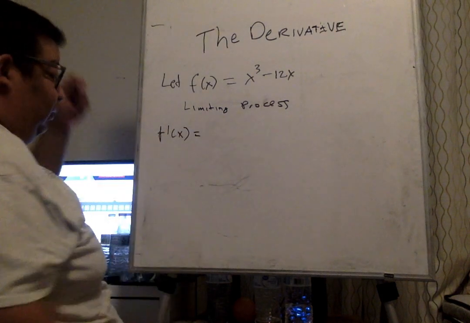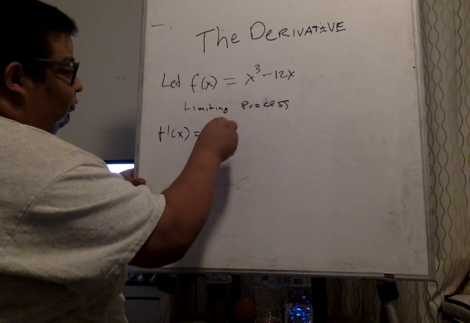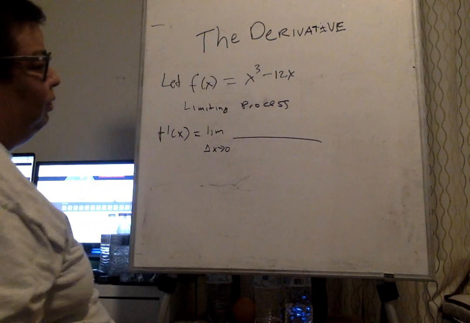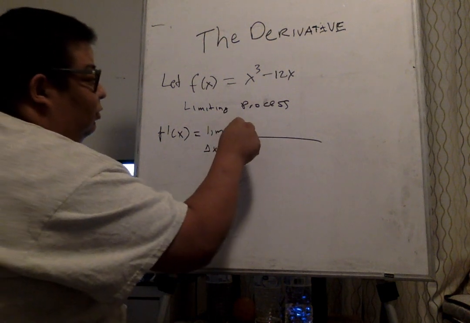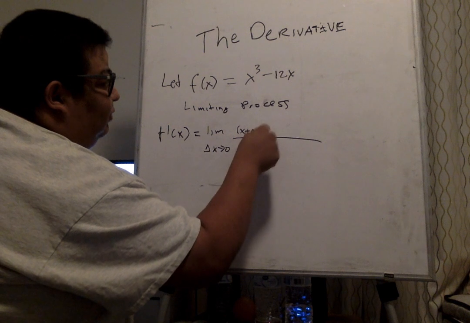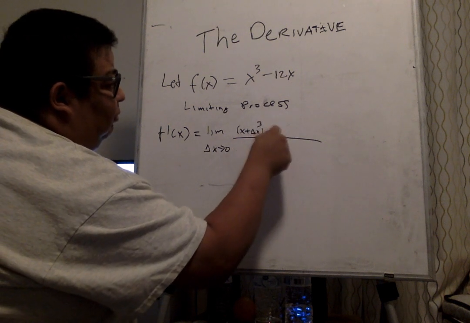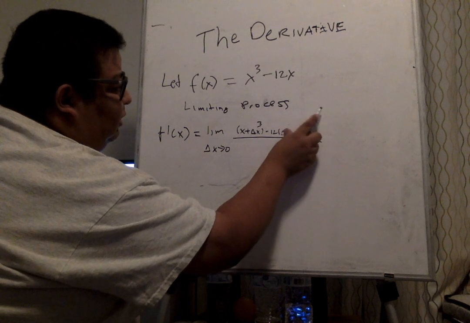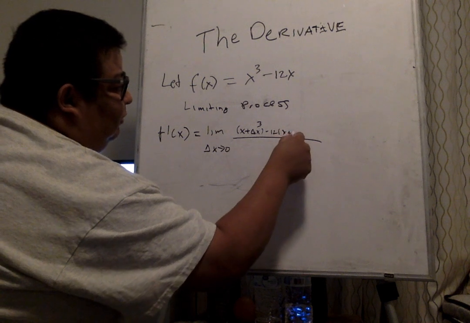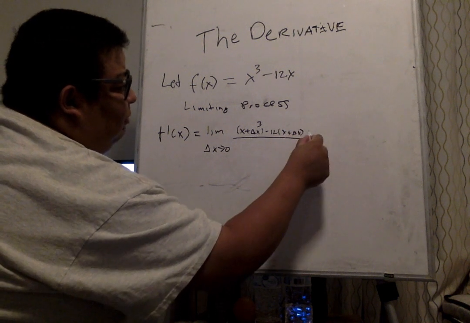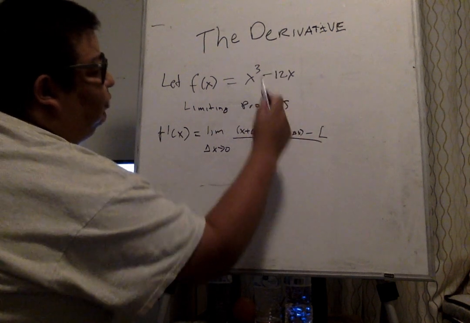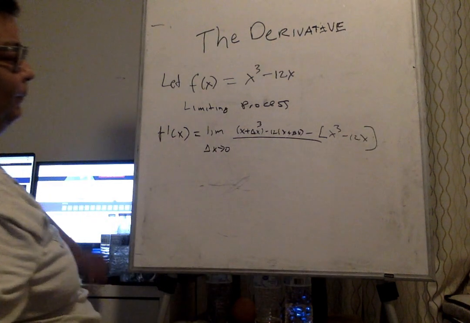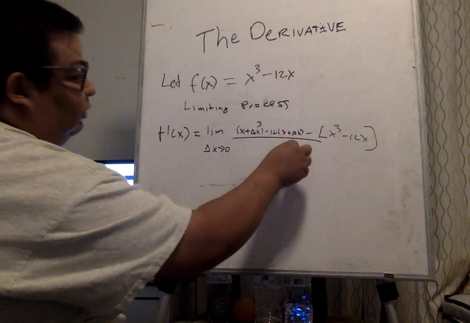We're gonna take a limit as delta x approaches 0 of, remember, x plus delta x cubed minus 12 times x plus delta x, minus the function x cubed minus 12x, all over delta x.